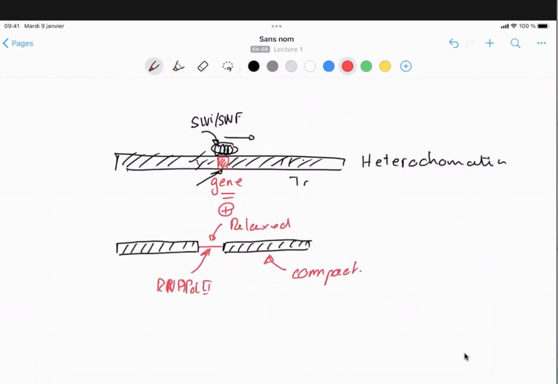So there is another way for the cell to activate only the gene: not to globally decompact chromatin, but locally, only on the gene of interest, to decompact the chromatin in order to activate the gene transcription. You understand? It's extremely complicated.